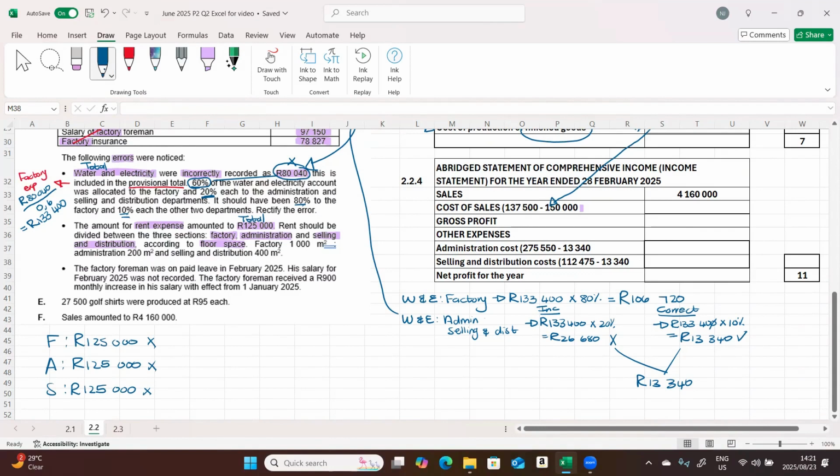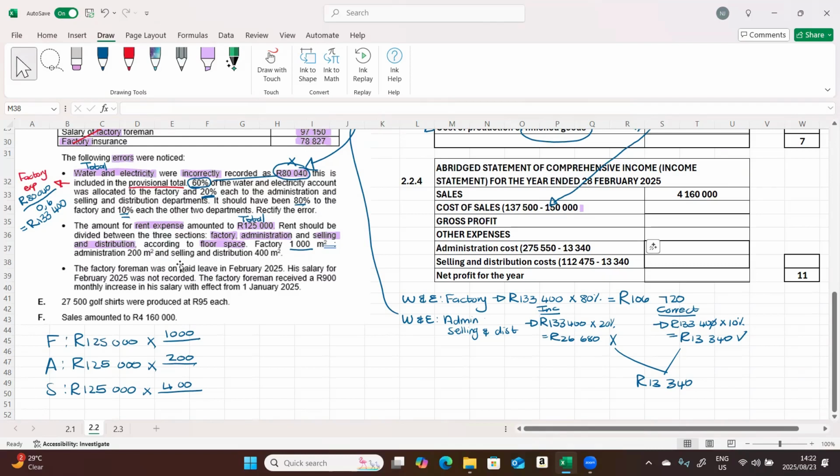So guys, how we do this is factory is 1,000 square meters. So the floor space given, that would be your numerator. So it's 1,000, and your admin is 200. That is your numerator, and your selling and distribution is 400. Your numerator. What is the denominator going to be, guys? The denominator is where you add up.